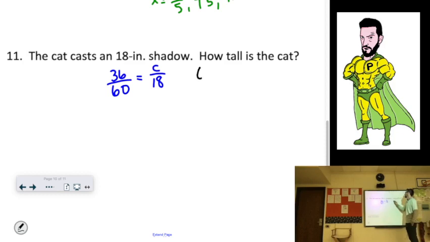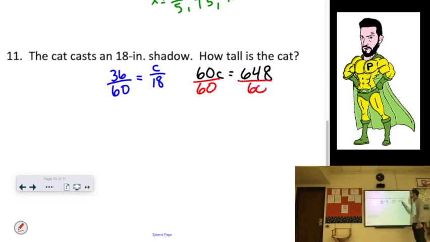60 times C is 60C. 36 times 18, I don't know that. 36 times 18, 648. We could go ahead and divide that by 60. 10.8 inches tall.